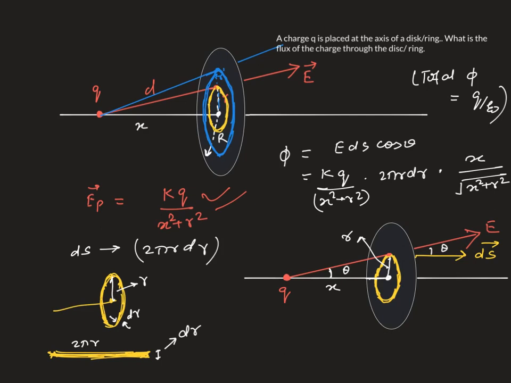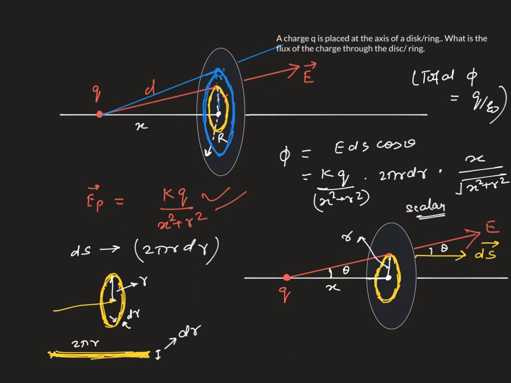You can see the yellow area. This is your yellow area, and this is the flux. This flux is only for the yellow area. Now we know that flux is scalar, obviously, and we don't need any kind of direction in flux. Whatever flux we have, it's a scalar quantity. So all we have to do is add up the flux for all such areas.